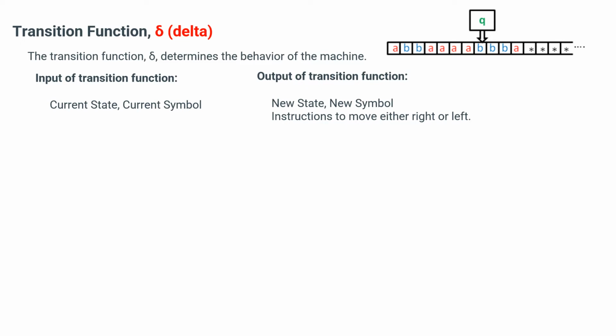Sometimes that new symbol happens to be the same symbol that was already there, but we could just consider it a new one. And then we need to know whether that head should move to the right or to the left. So all of those instructions need to be part of our transition function. Given a certain input, what should happen?